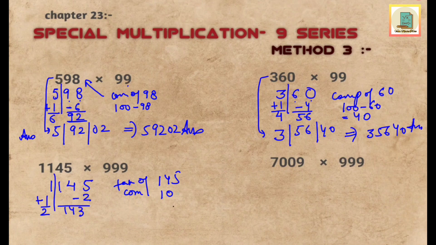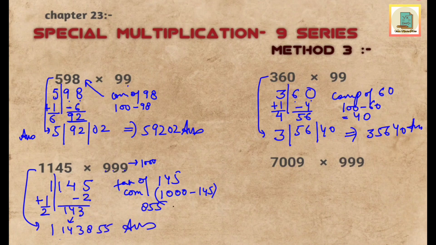We will minus 145 from 1000. So 1000 minus 145. Why do we subtract from 1000? Because 999 is closer to 1000. So now 1000 minus 145 gives you 855. So the final answer is 1,143,855. Now let's take more examples.